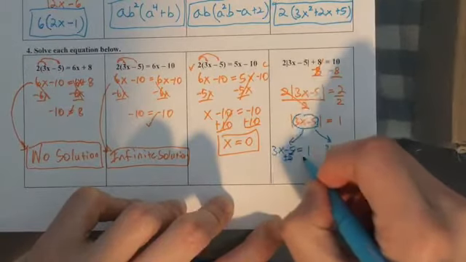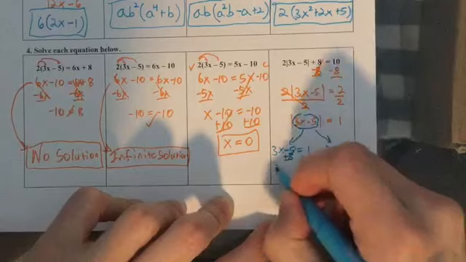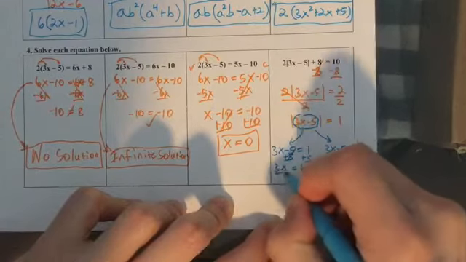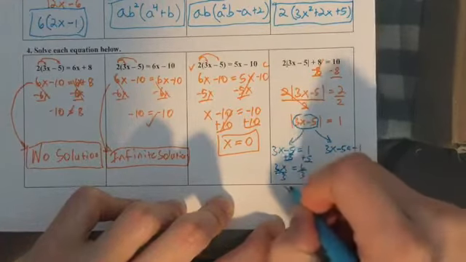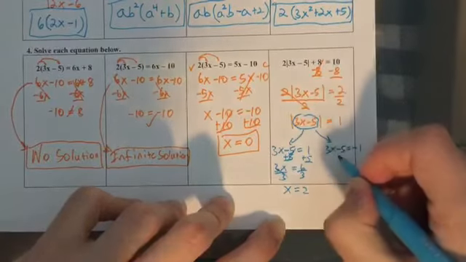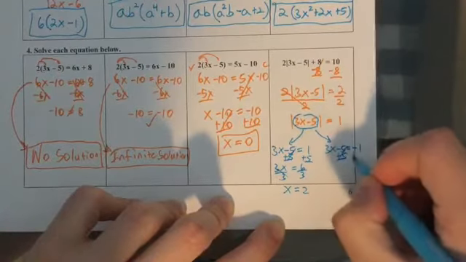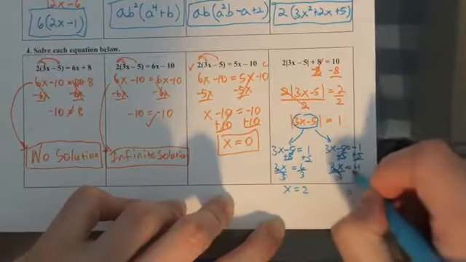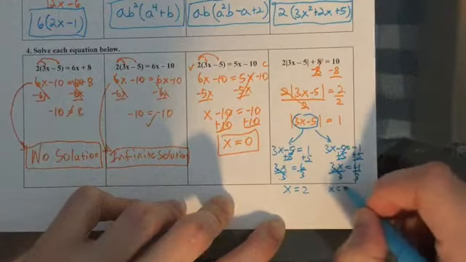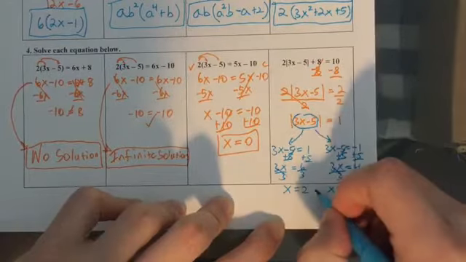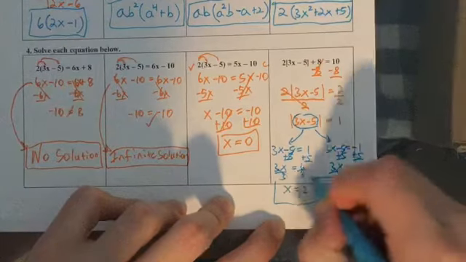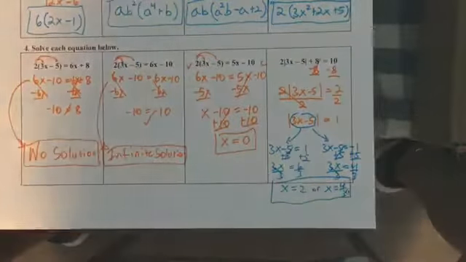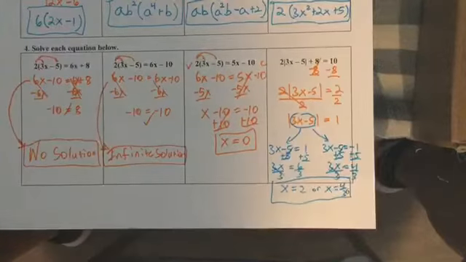Add 5, we get 3x equals 6, divide by 3, and we get x equals 2. Add 5, 3x equals 4, divide by 3, we get x equals 4/3. And there are our two answers, x equals 2 or x equals 4/3.